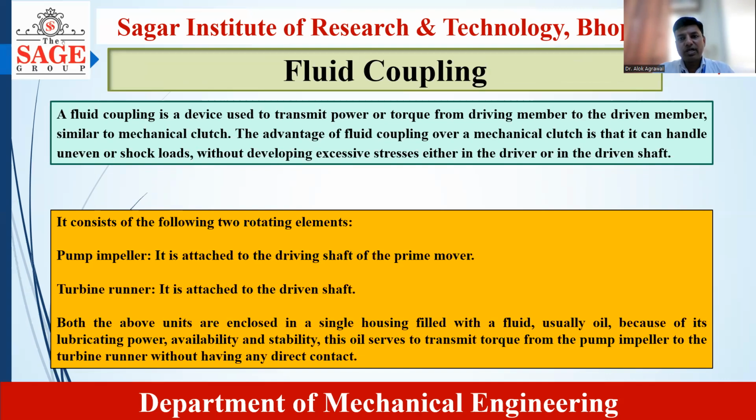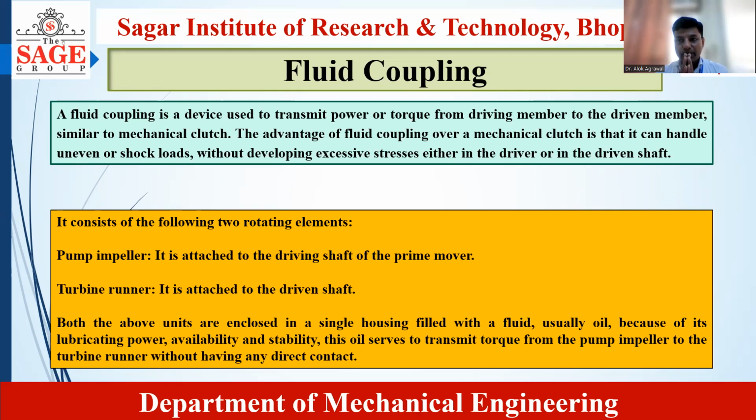The only difference is that in a mechanical clutch, the two components are in contact where the power needs to be transmitted. But here in fluid coupling, the transmission of power takes place from driving member to driven member without any physical contact or any mechanical linkage. It is taking place purely with the help of fluid.